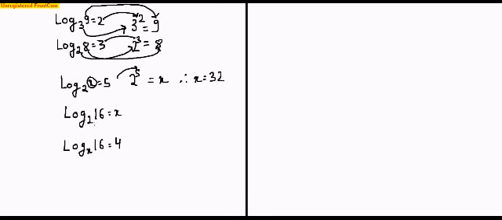I will do the same thing in this case. I will bring 16 as a result on RHS, bring 2 here, and once again x in the power. So my equation becomes 2 to the power x equal to 16, which gives me 2 to the power 4 equal to 16. Therefore x equal to 4.